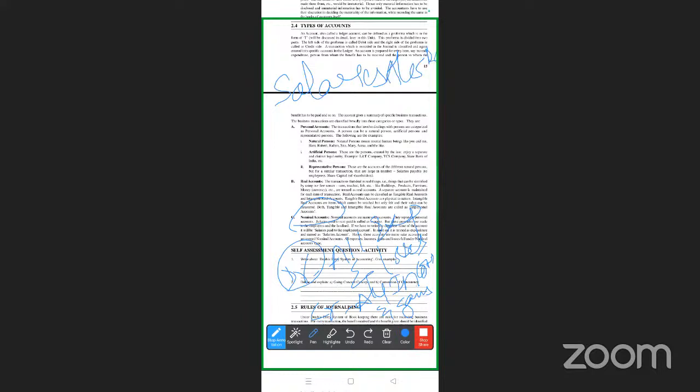Whenever I'm giving salaries, I am giving cash to the employees. Cash is again a real account. The real account rule is credit what goes out. Whenever I'm paying salaries, cash is going out of my business. So I'll write to cash account.